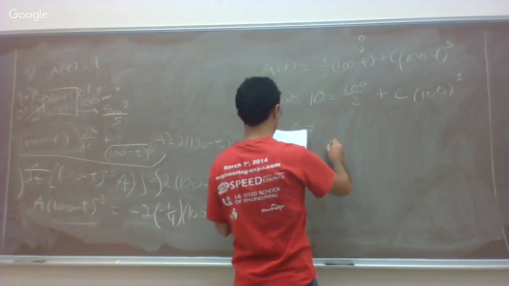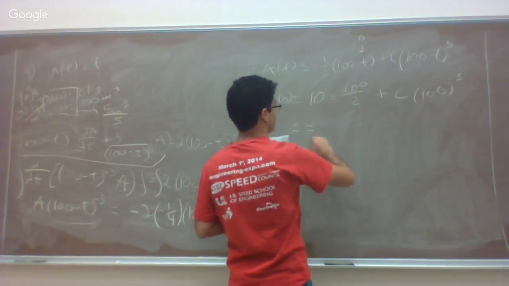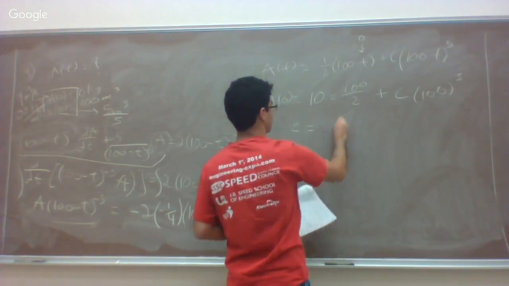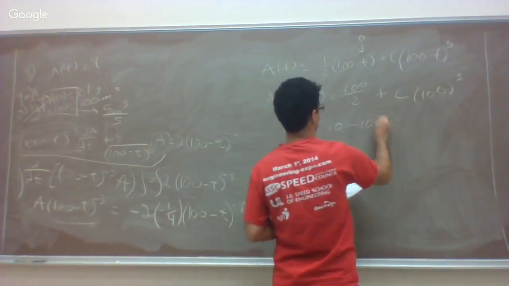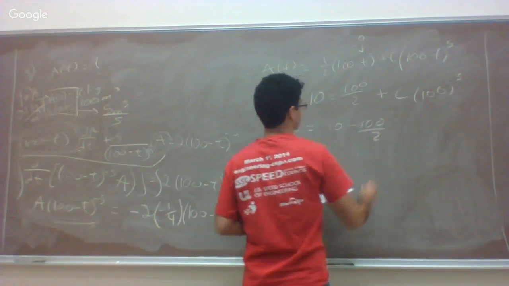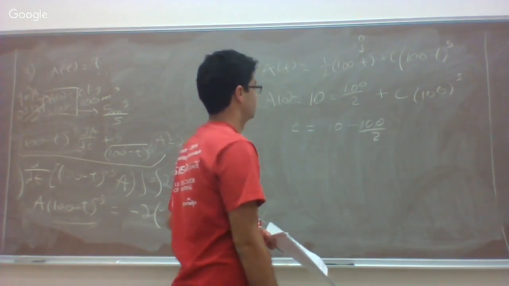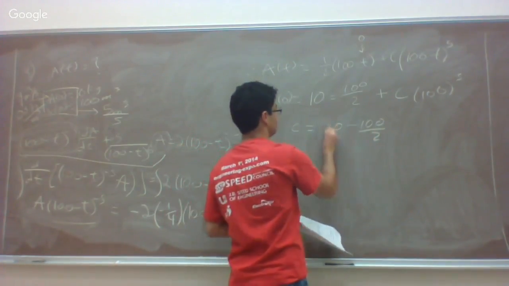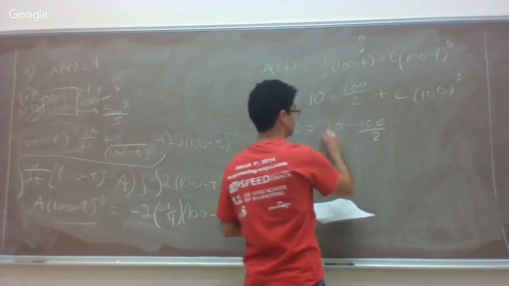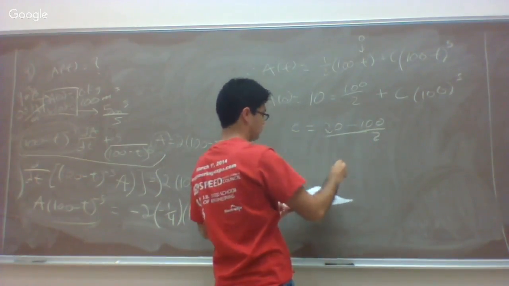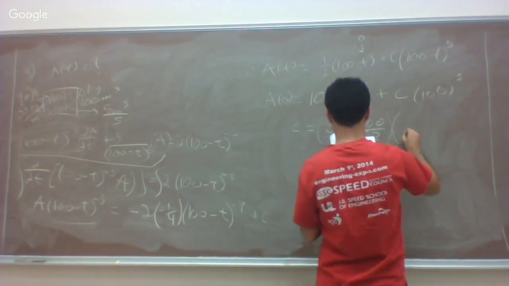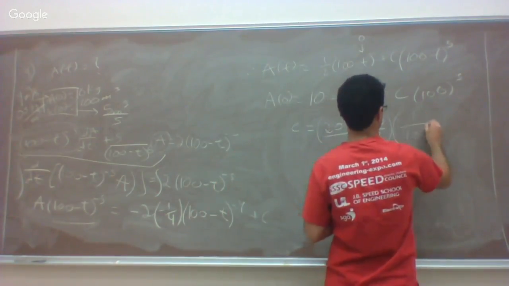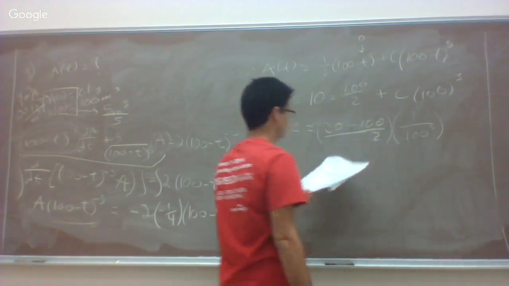So if I isolate c, first of all, let me just do this. 10 minus 100 divided by 2. So this we could say is 20 minus 100 divided by 2 times 1 over 100 to the 5th power.